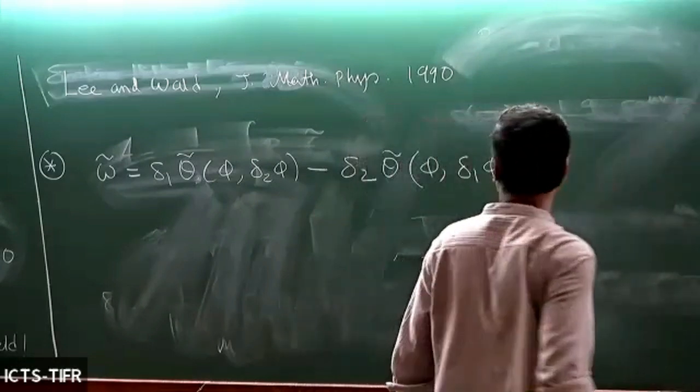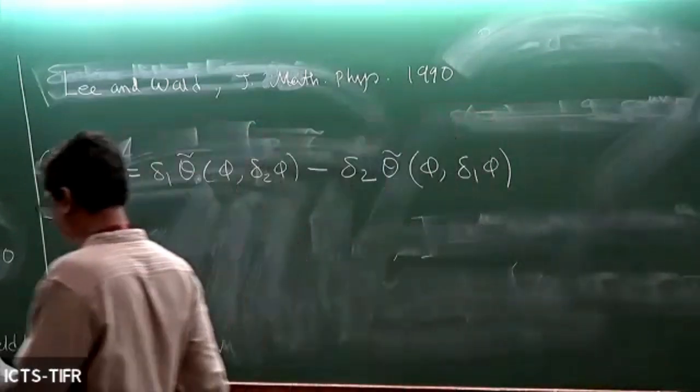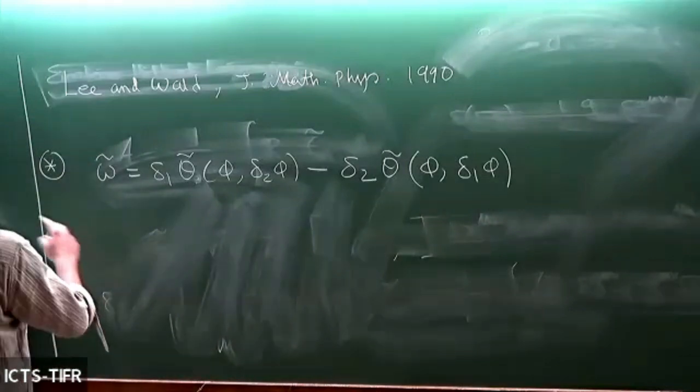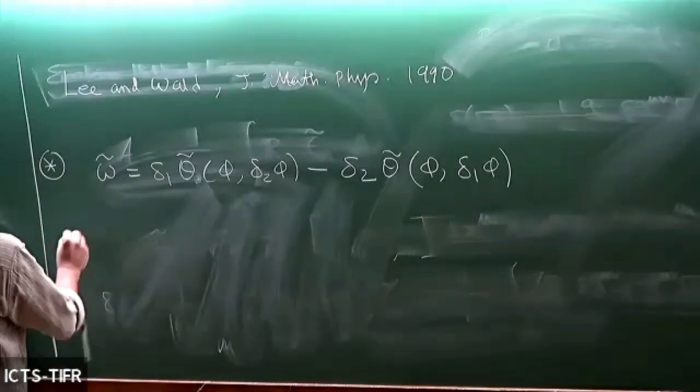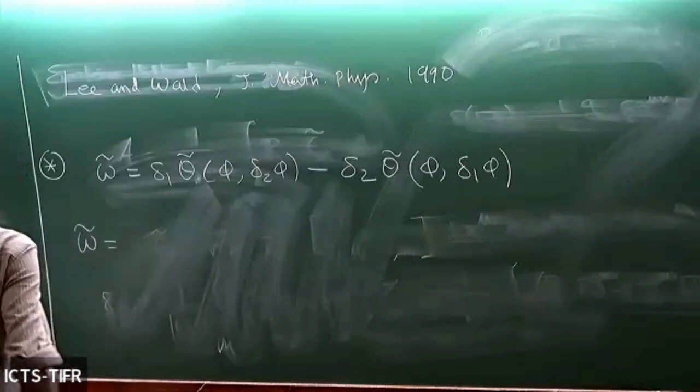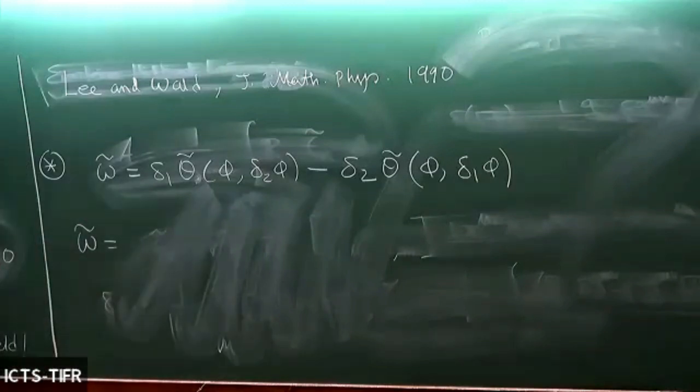So where should I write? Maybe I'll write it here. I will define omega tilde, using this structure, and I put it into this variation. You clearly see this theta contains so many things.